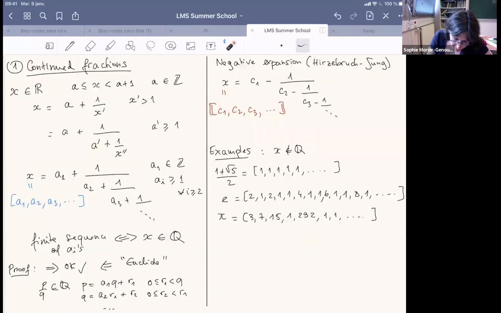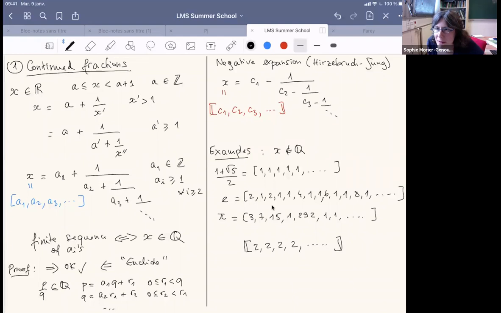Okay, so let me give an interesting example for negative expansion. What happens if you look at, so I use this double square bracket, so now I'm considering the negative expansion. And if I choose a sequence with only 2s, do you have any guess of what I would obtain?